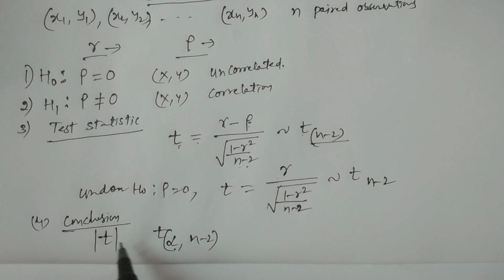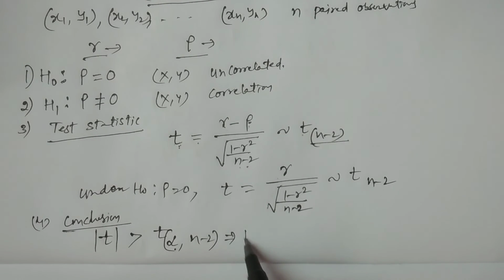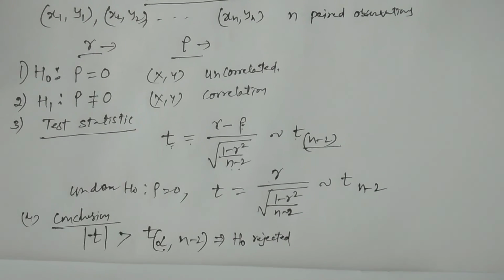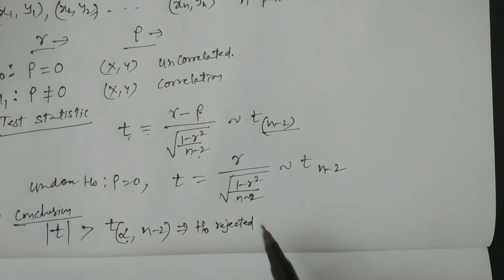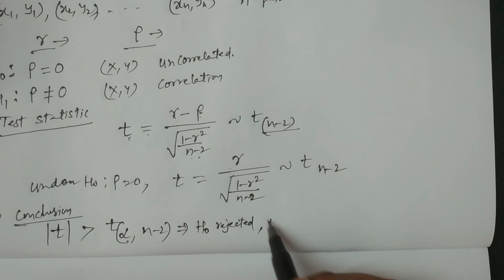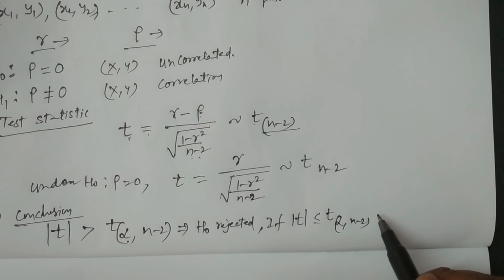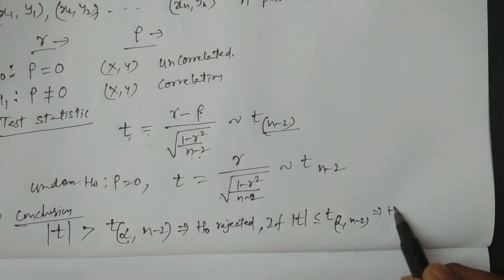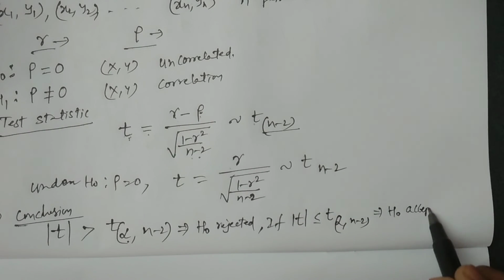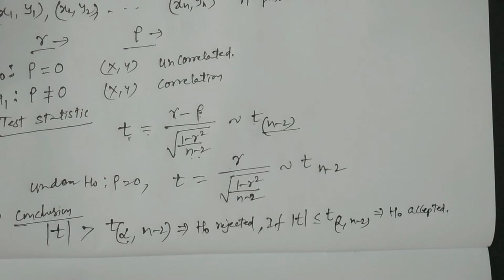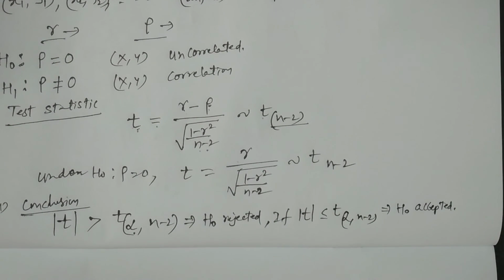If modulus of t is greater than t alpha comma n minus 2, then H naught is rejected. If modulus of t is less than or equal to t alpha comma n minus 2, then H naught is accepted.